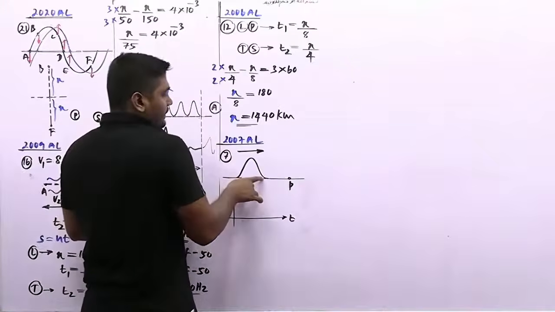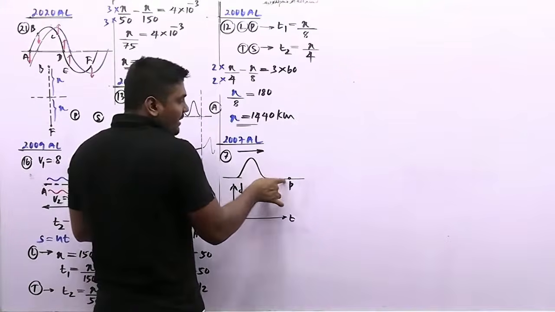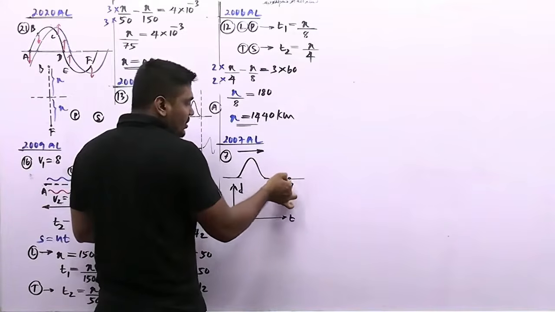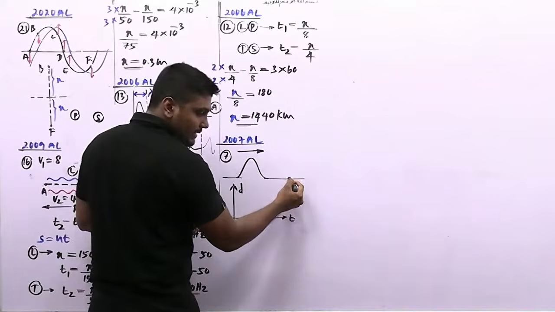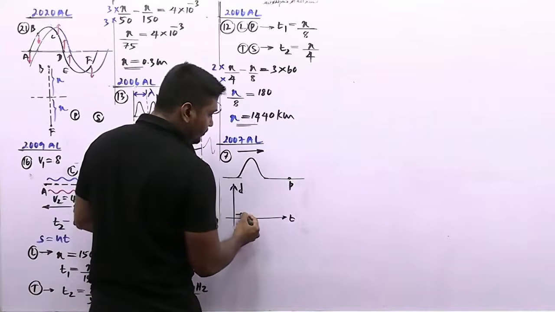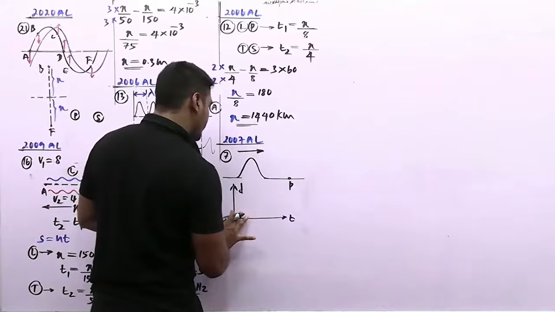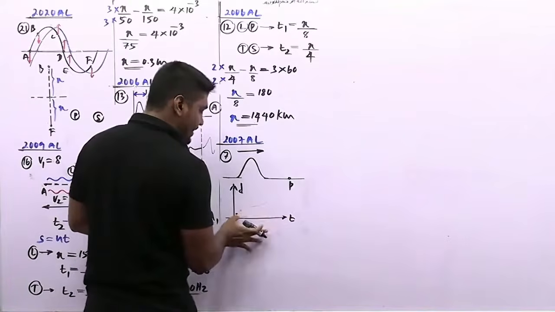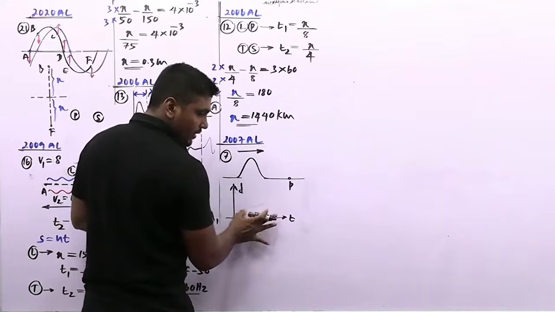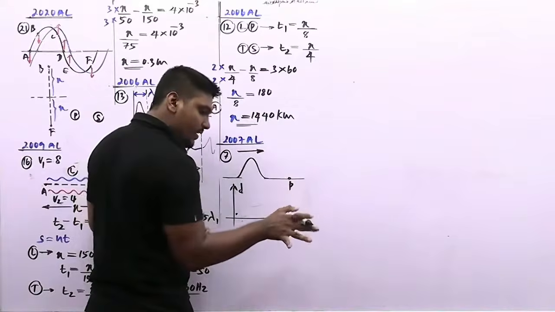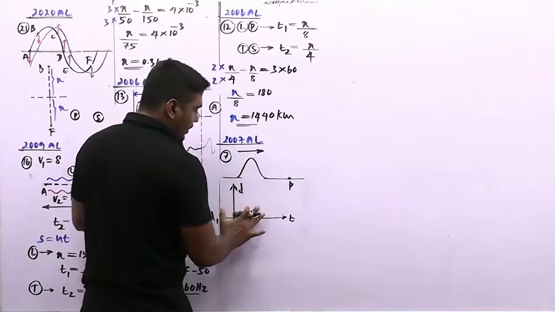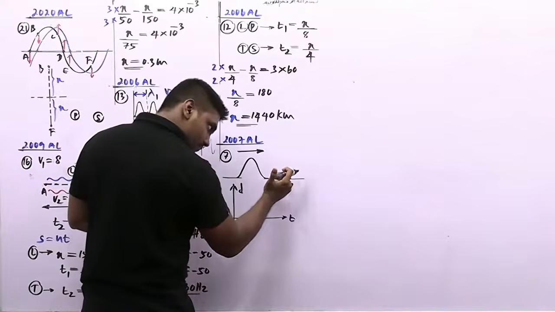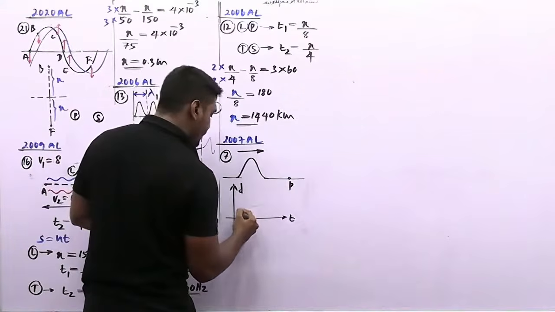Till the wave pulse reaches point capital P, it remains stationary at the same location. Displacement remains constant. We can take it as 0 also, but based on the given graphs, they haven't mentioned in the beginning that displacement is 0. Therefore, displacement is the same.